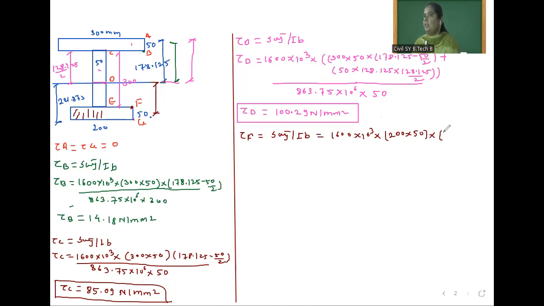So y bar is 221.875 minus 50 by 2. This is A y bar divided by moment of inertia 863.75 into 10 raised to 6 into, now you tell me width, which is equal to how much? 200. Okay, so 200. So tau F is equal to how much?